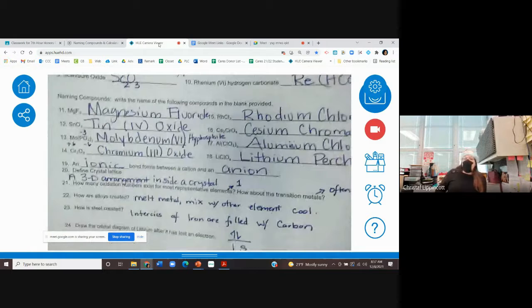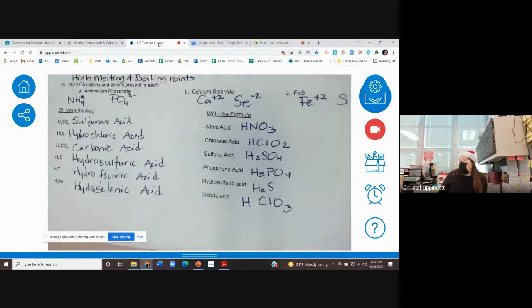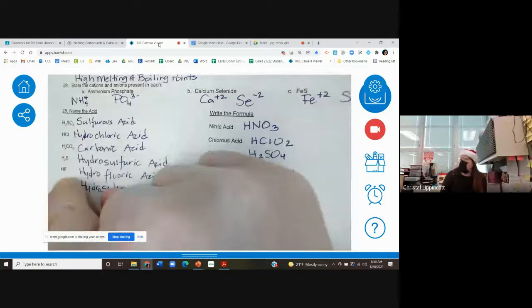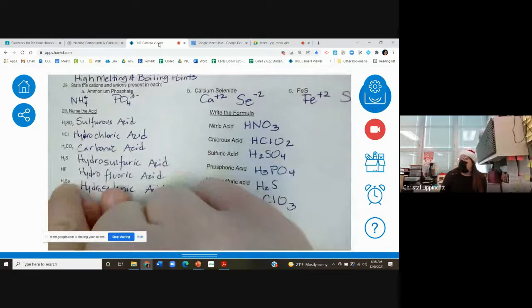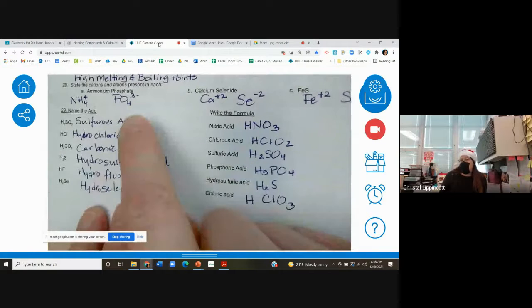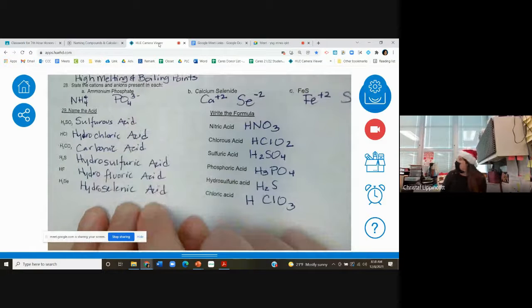If your answer is no, then it's either going to be acid or the things that I'm going to teach you today. So if it doesn't start with a metal, your second question is, does it start with hydrogen? If the answer is yes, then it's going to be the acid names, okay? Or if you're given this, does it have acid at the end? If it has acid at the end, that's a pretty good call that it's going to be an acid formula.